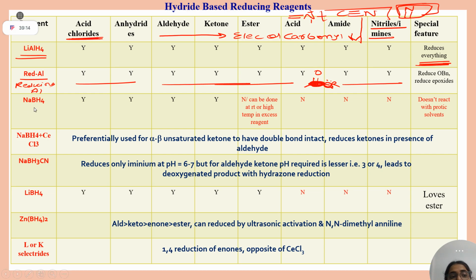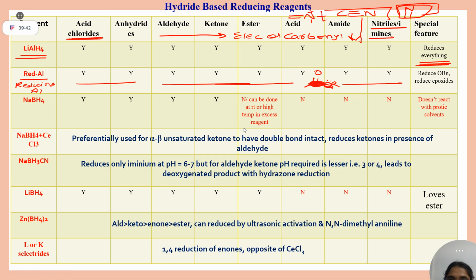If we talk about sodium borohydride, it reduces till ketone. After that, it can't reduce. If in some worst condition it has to reduce ester, then you have to give high temperature and the reagent should be in excess. Okay, this NaBH4 reduces till ketone.